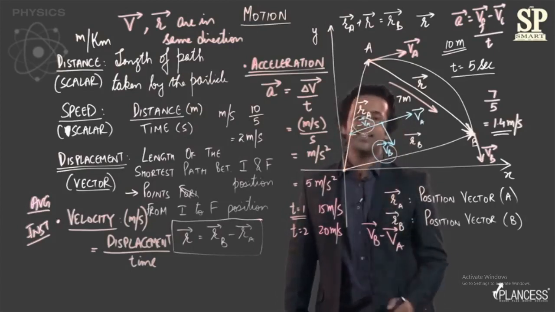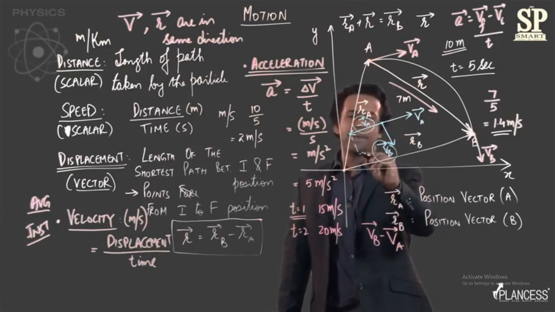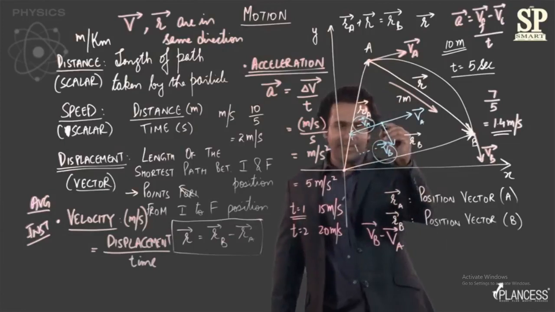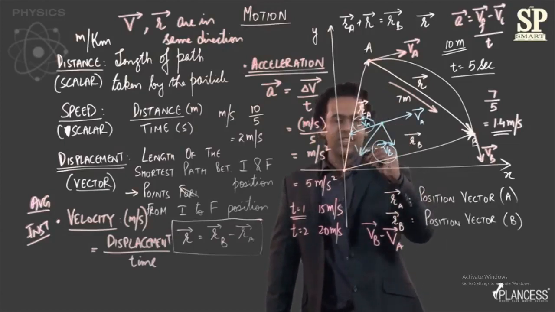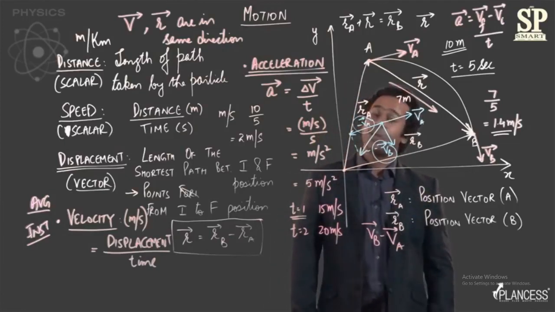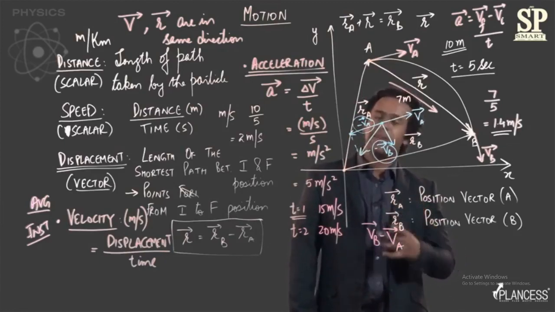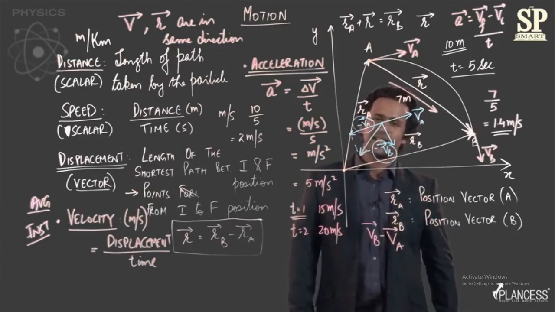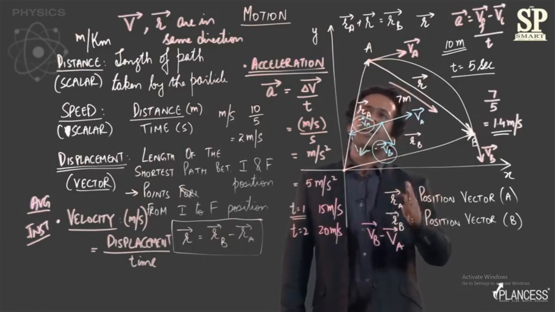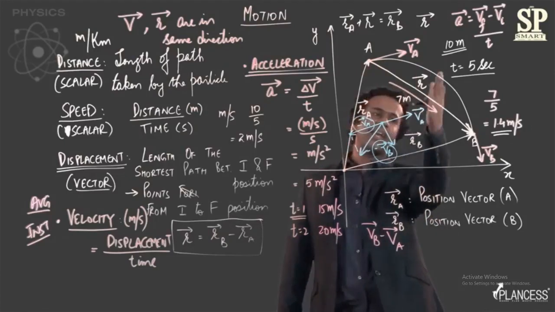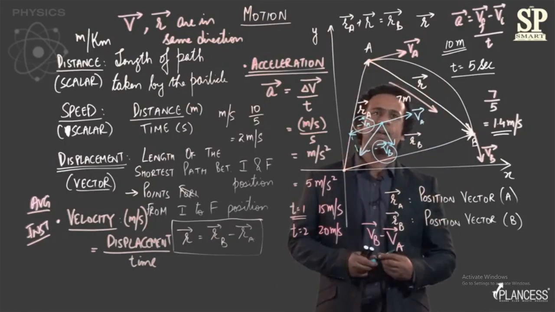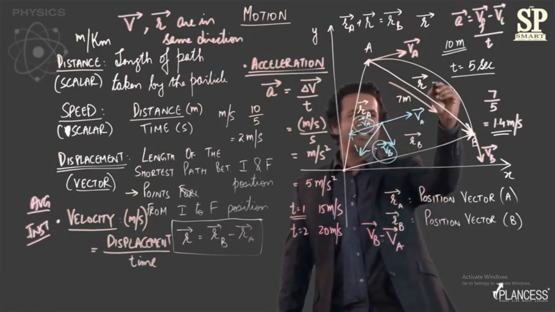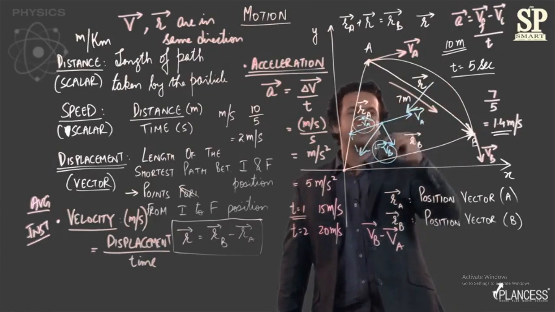Now since their tails are joined, we will use the parallelogram law, and this is the resultant vector which gives us an estimate of the direction of acceleration. So as the particle moves from point A to point B, a rough estimate of its acceleration is this direction.